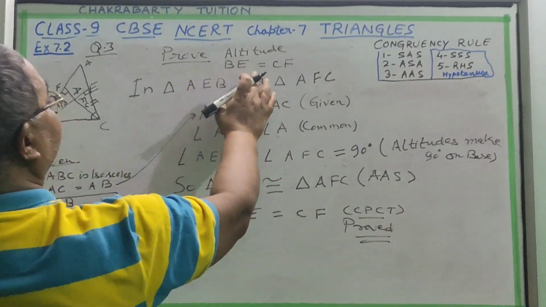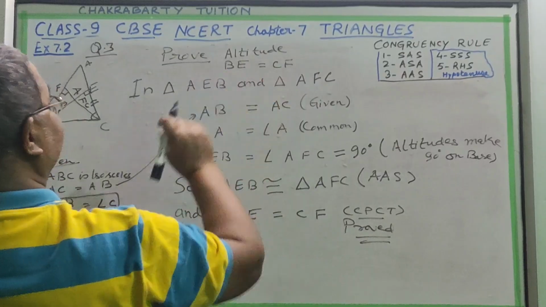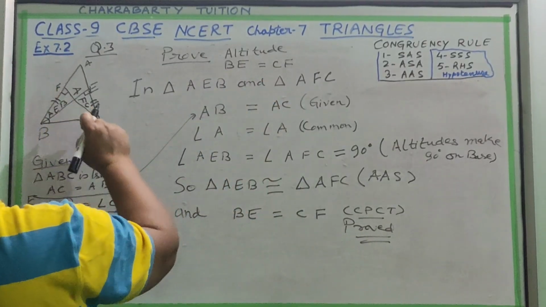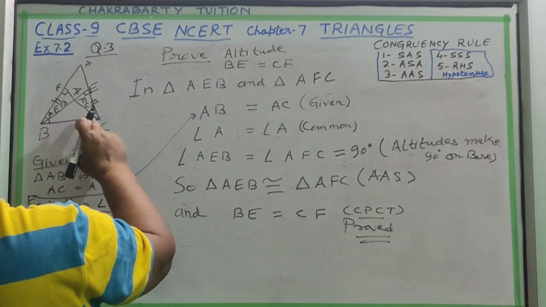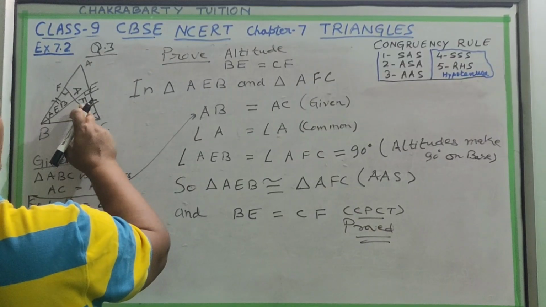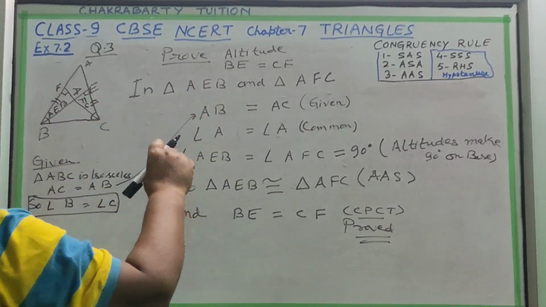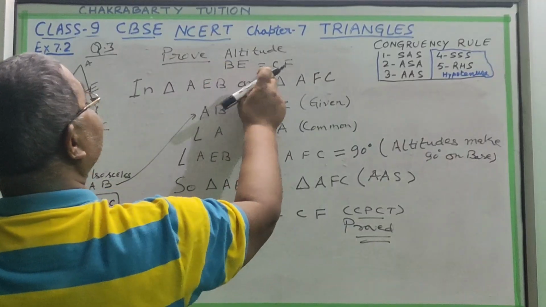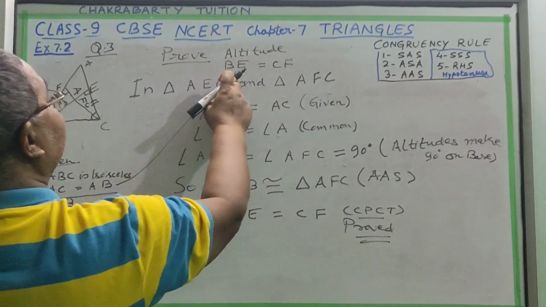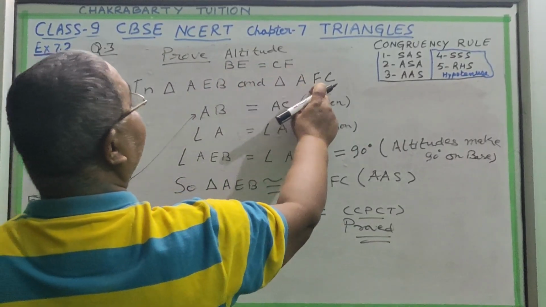Now we have to prove BE and CF are equal. So we first have to see in which triangles BE and CF are. We have found that BE is in triangle AEB and CF is in triangle AFC.